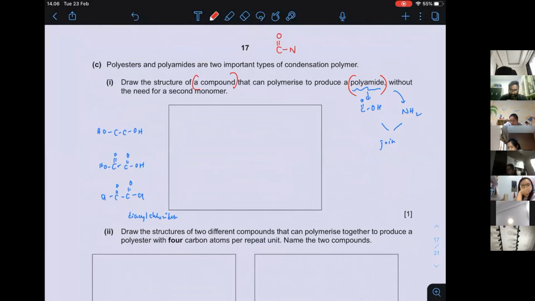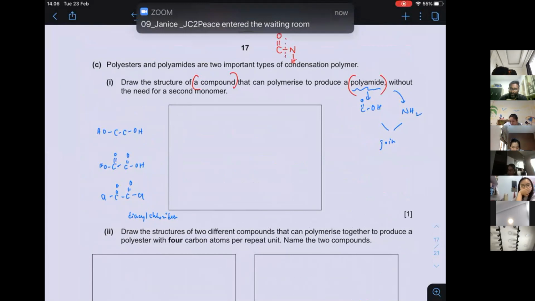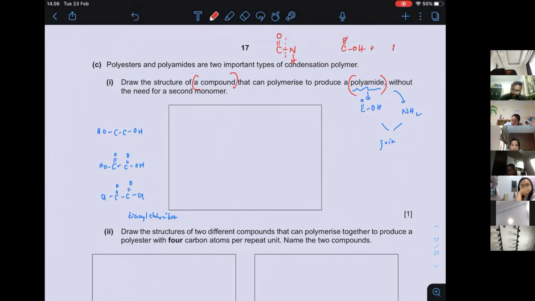So this is going to be the amide linkage. I get it from C double bond OOH with anything that has NH2. So I need to find a compound that can polymerize without the need of a second monomer. Whenever they say without the need of a second monomer, it means the compound itself has these two groups.